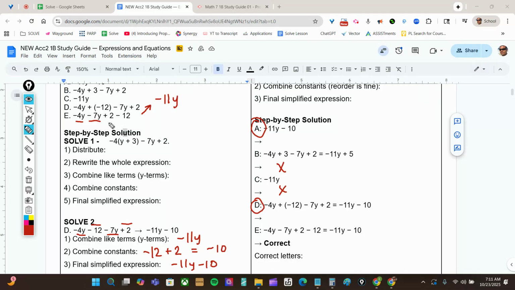This is going to become a positive 2 plus a negative 12. So they basically just switched it around, but it's still going to come out to a negative 10. So we know that E is also correct, and that means correct answers A, D, and E.